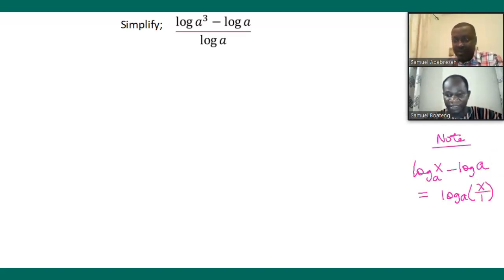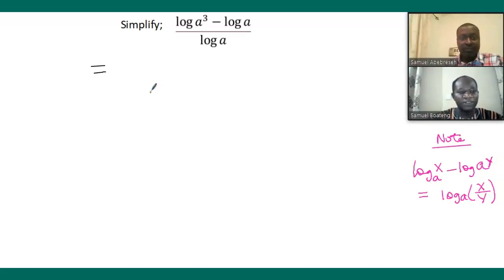So let's go back to the question that we have. This is equal to, on the numerator, log, bracket open, because they are subtracting, a to the power cube over a, you close the bracket, over log a.